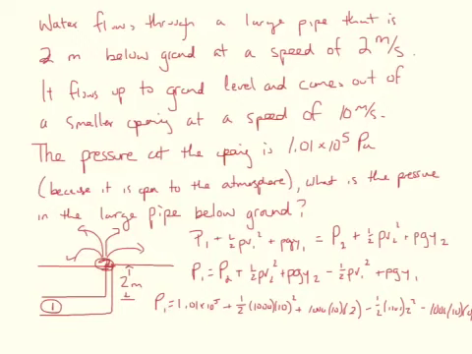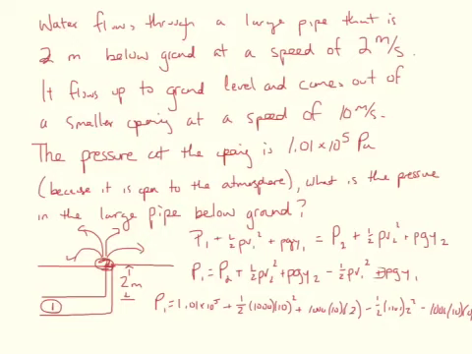Okay, so we have 1.01 times 10 to the 5th plus 1/2 times 1,000 times 10 squared plus 1,000 times 10 times 2, if we call the height of the ground 2, minus 1/2 times 1,000 times 2 squared, which is the speed of the water in the pipe, minus 1,000 times 10 times 0. We're going to call 2 meters below the ground 0. Alternatively, we could have called the ground 0 and 2 meters below the ground -2.